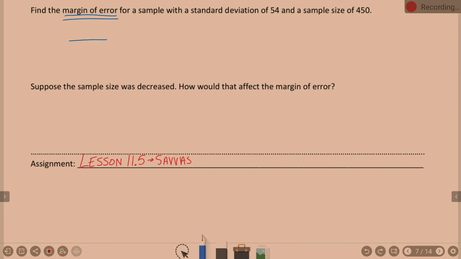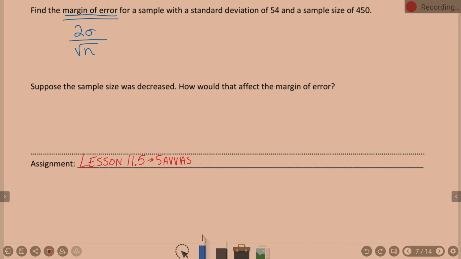Yep, the quantitative one, which is going to be 2 sigma over the square root of n. And here's the deal. They didn't really give us any information about whether it really is quantitative or categorical, but they gave us a standard deviation. So assume that's the one you should use.